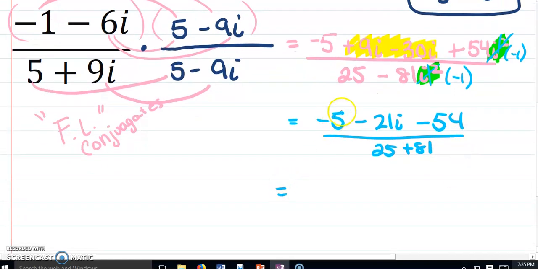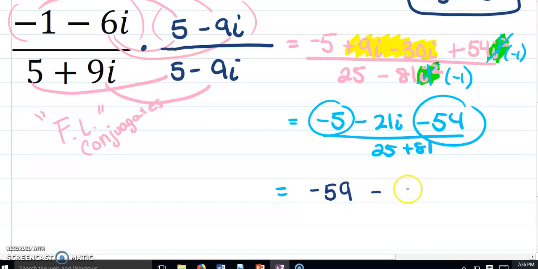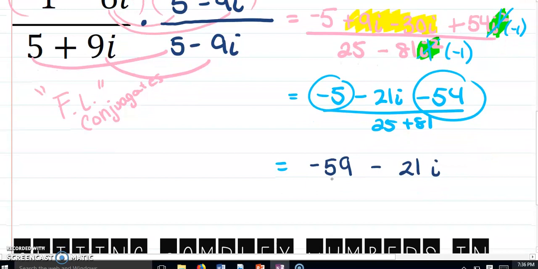If you simplify, we have like terms, negative 5 and negative 54, which gives us negative 59 minus 21i. Remember, we always write the real number first, and then we're going to divide by 25 plus 81, which is 106. And I don't think that that simplifies, but if it does, then you would simplify.